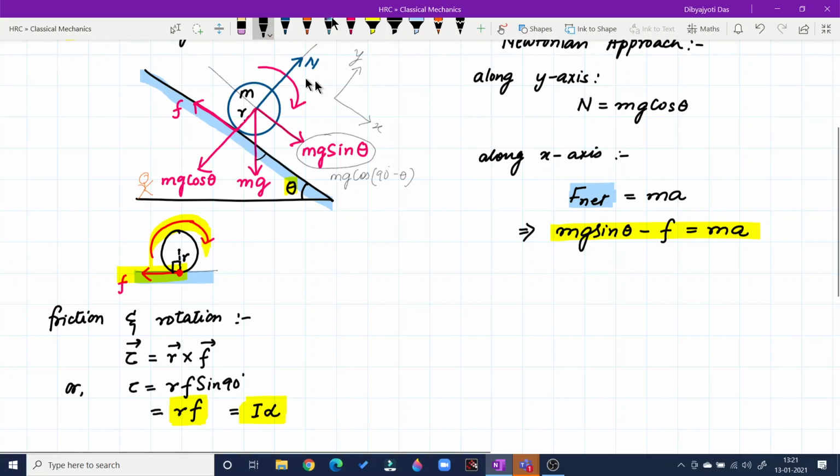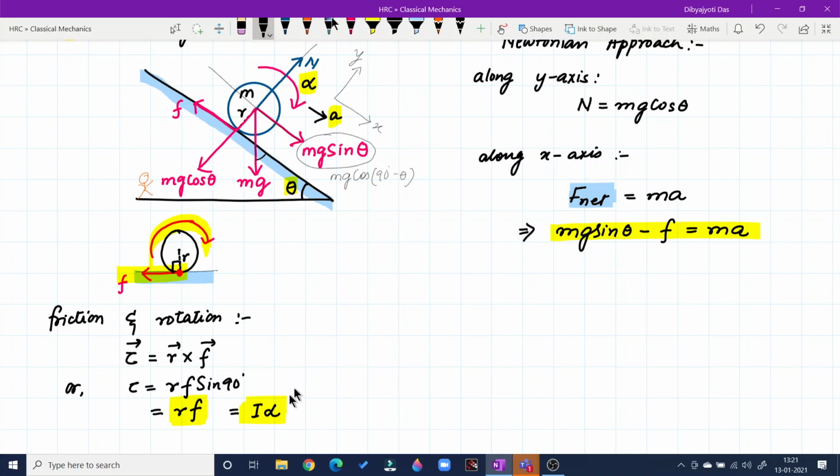So that means this disk is experiencing some kind of an angular acceleration, and it is also experiencing some kind of a linear acceleration, right? The linear acceleration is related to its linear motion of the center, and the angular acceleration just tells us about the change in the orientation of this disk with respect to the origin of the disk.